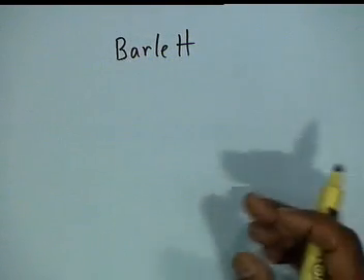Next, a gentleman by the name Bartlett said, if that is the story, why don't you use a simple window? Why cosine and raised cosine and so on? Why don't you use a triangular window?